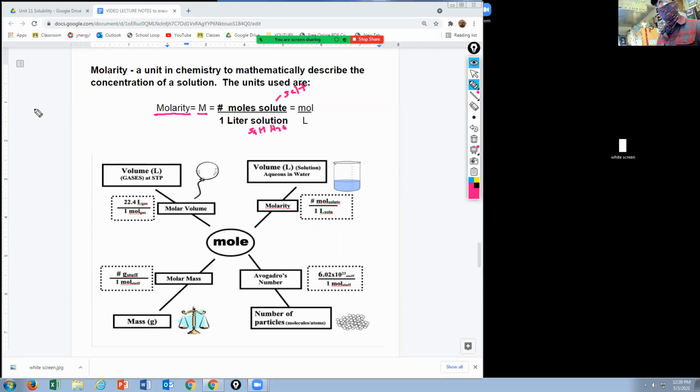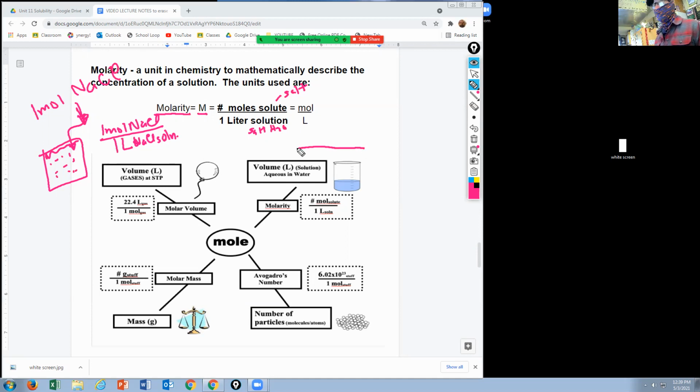So if I put 1 mole of salt, NaCl, into a container filled up to 1 liter, then I would have a salt water solution. And since 1 mole went in, I would have 1 mole of salt in 1 liter of NaCl solution, abbreviated SOLN. Okay, so that's what that is.